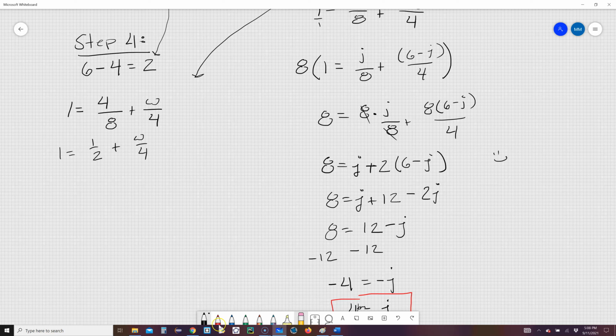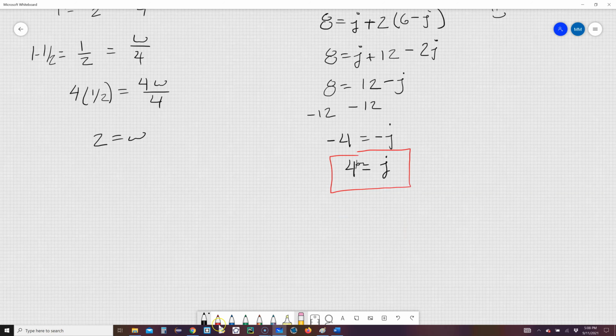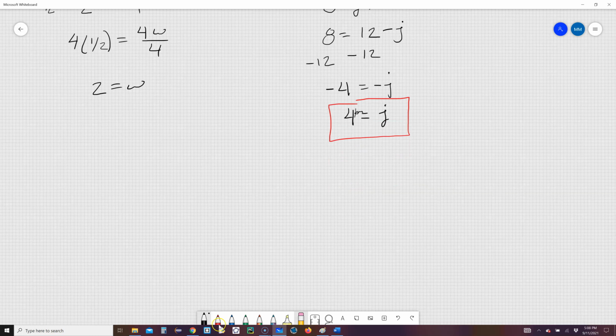I subtract half from both sides. 1 minus 1/2 is 1/2. That should be W divided by 4. If I multiply by 4 on both sides, I will have 4 times 1/2, 4 times W over 4, and I do get that 2 is equal to W. So in both cases, it checks, which means we are satisfied with our answer.